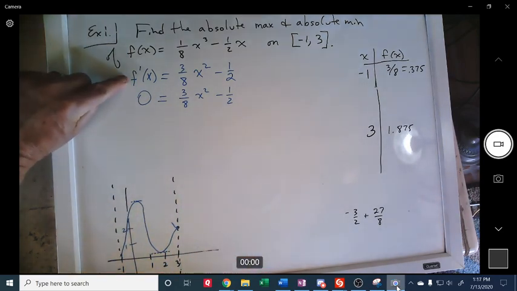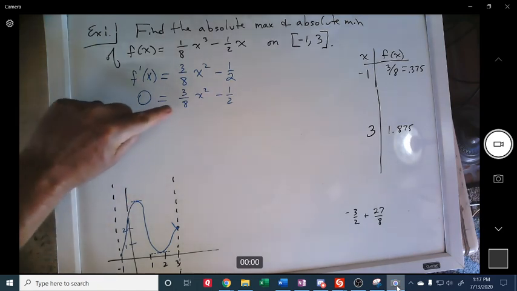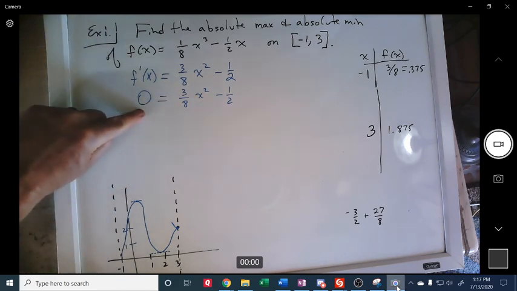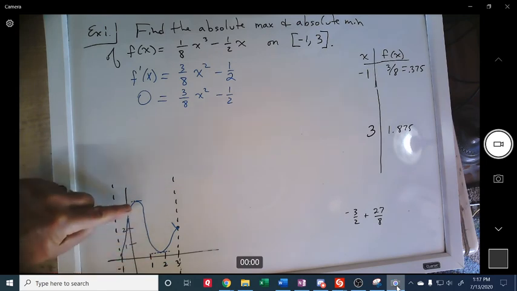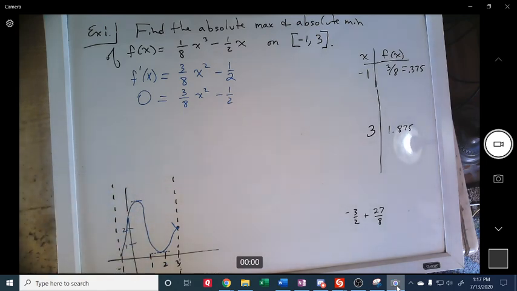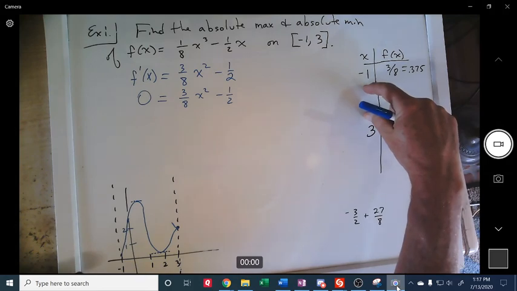Replacing this f prime of x with 0 is the equivalent of saying, let's find the x values that correspond with these things happening, where the tangent line is horizontal. And those would be the only other points I need to look at.